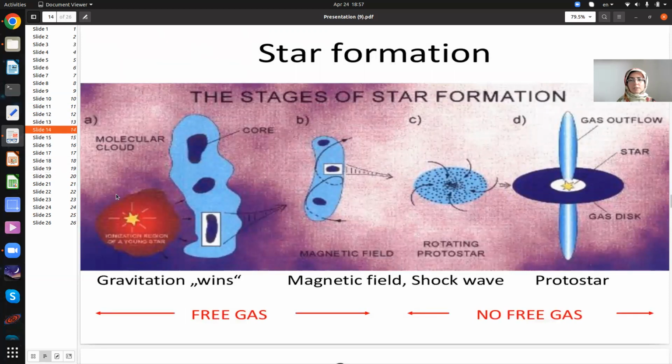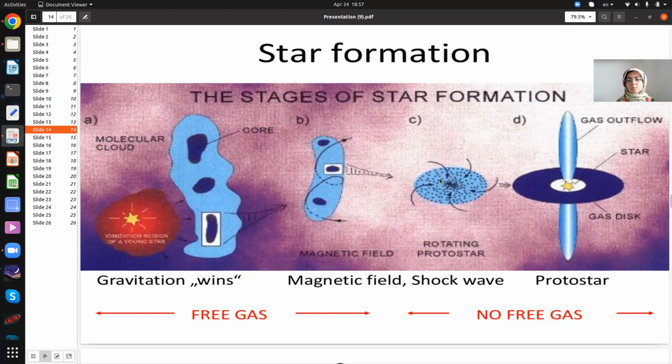You see here the stages of star formation. First we have a molecular cloud, and then we have a core. That core collapses, and then we have a magnetic field, and then a shock wave, and then rotation, protostar.